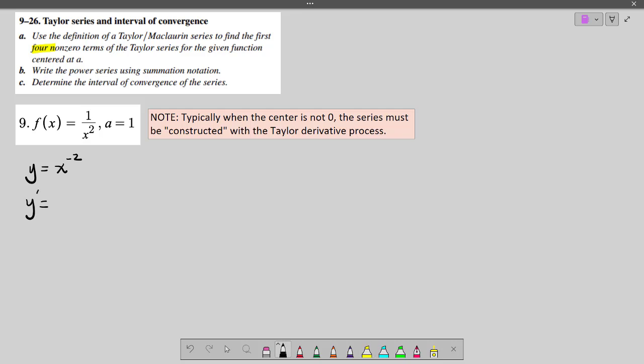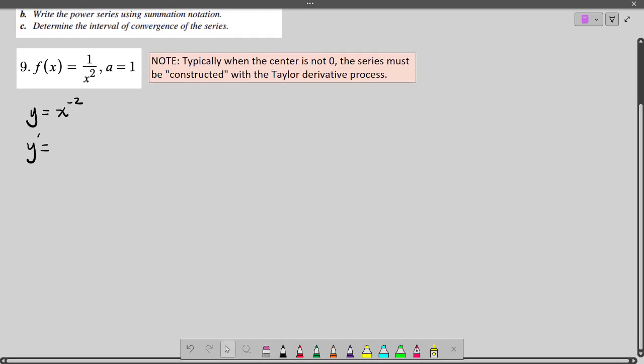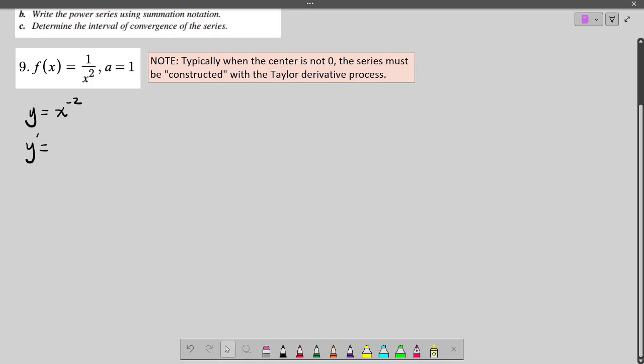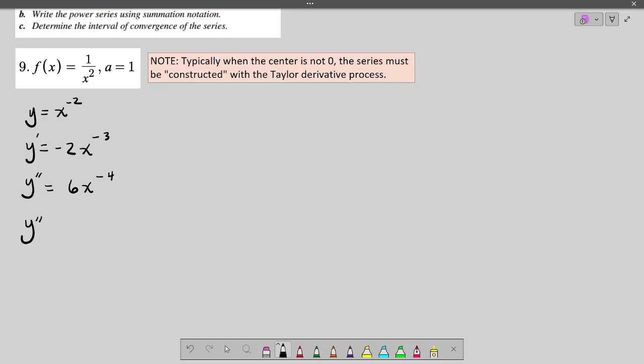If we want 4 non-zero terms, how many derivatives do we need? 3 derivatives, right? That's going to be a non-zero term, the original function, plugged in when we plug in our center of 1. And then we need 3 more terms, so we're going to take 3 derivatives. So negative 2x to the negative 3, positive 6x to the negative 4, and then our last term, negative 24x to the negative 5.